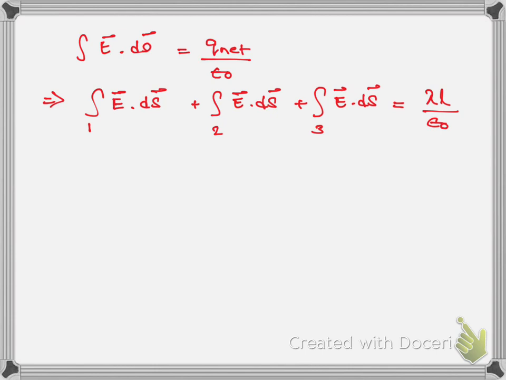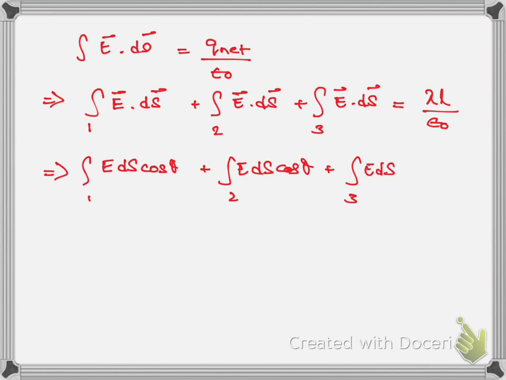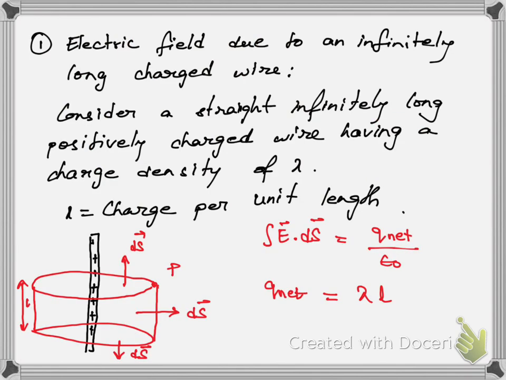Now we know that the dot product between two vectors is given as the product of their magnitudes and the cosine of the angle between them, so E ds cos theta for surface 1, plus E ds cos theta for surface 2, plus E ds cos theta for surface 3 is equal to lambda L by epsilon naught. Now what is the direction of the electric field vector?